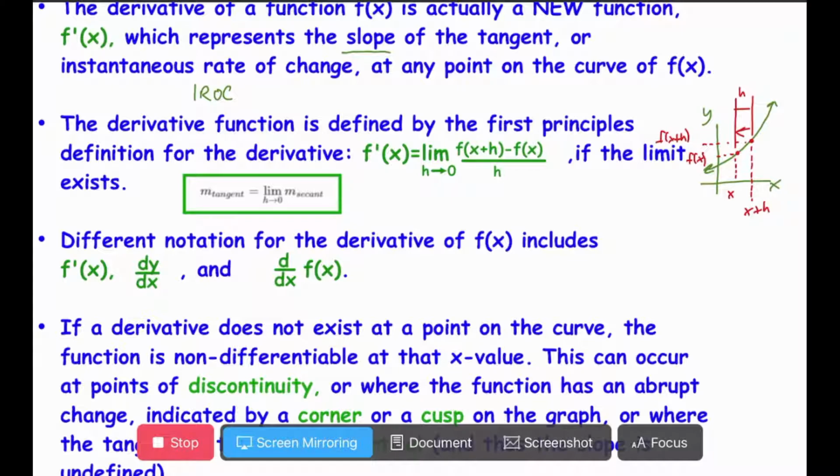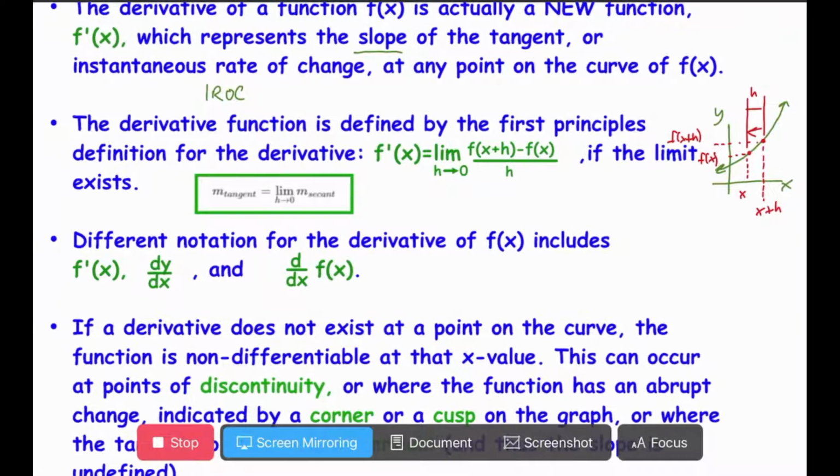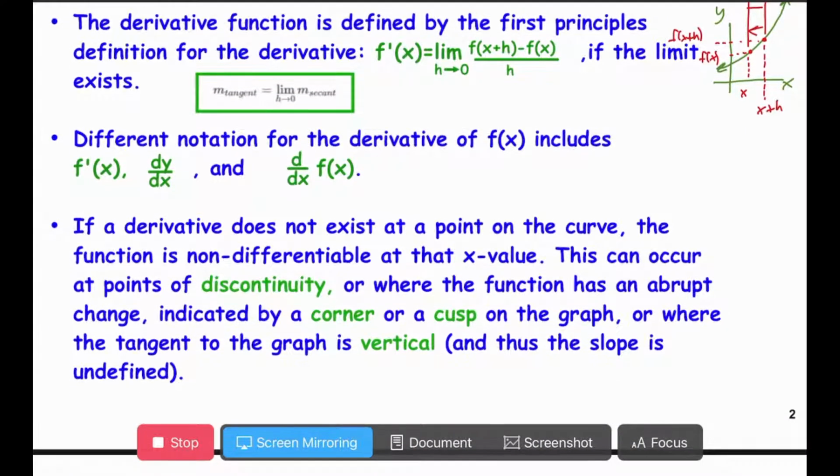And we've also talked about different notation for the derivative of f of x. It might be written as f prime of x, dy dx, d dx of f of x, or even simply y prime. And let's also remember that if a derivative does not exist at a point on the curve, the function is non-differentiable at that x value. So just by definition, can't find the derivative means non-differentiable.